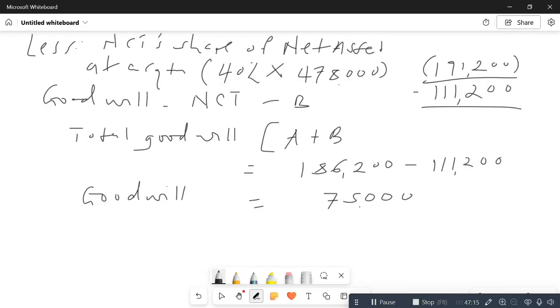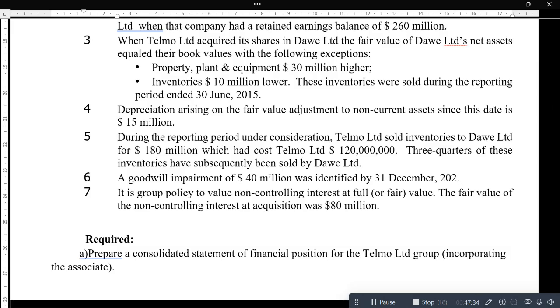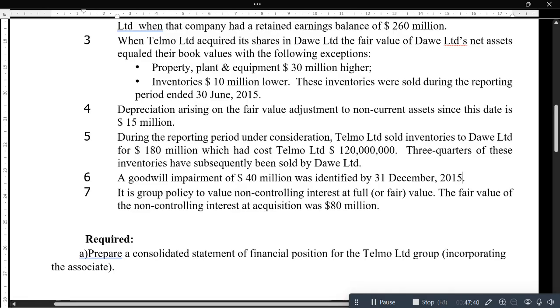But don't forget, goodwill can also be affected by impairment. If there's any impairment which was identified, please reduce from that point. A goodwill impairment of 40 million was identified by that date, 2015, at the end of that trading period.